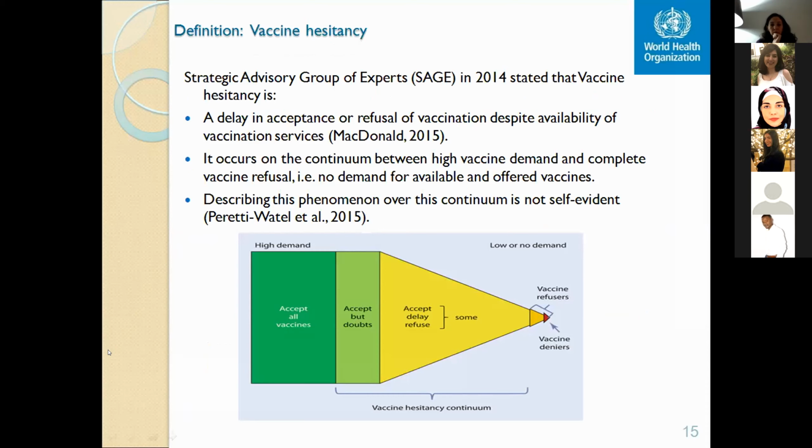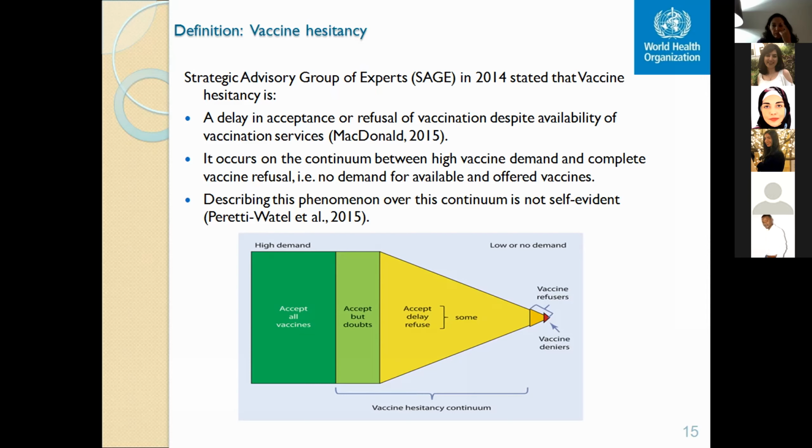So how did they define vaccine hesitancy? It was a very broad definition, but they had to start at a certain point. First of all, WHO delegated a group, they called it the Strategic Advisory Group of Experts in 2014, and they defined vaccine hesitancy as a delay in acceptance or refusal of vaccination despite availability of vaccination services.